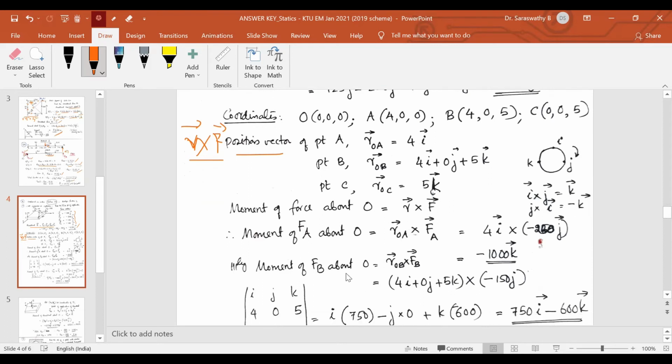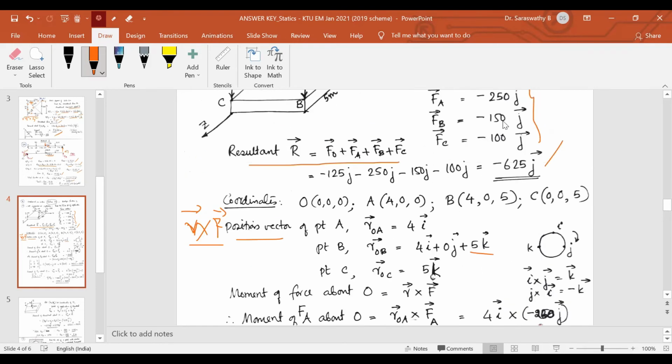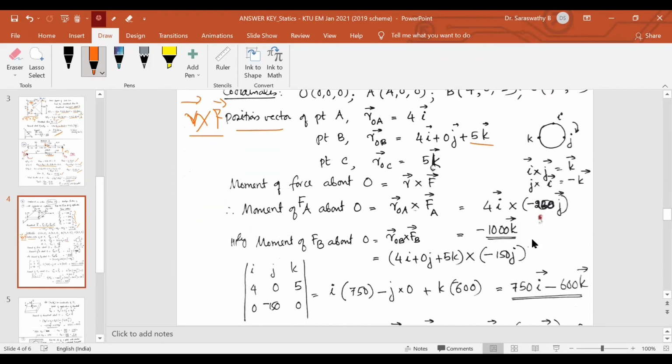Similarly, the moment of FB about O will be the position vector 4I plus 0J plus 5K cross multiplied with FB. FB is minus 150J. For the cross multiplication, we have I, J, K here. Then write down the coefficients 4, 0, 5, then 0, minus 150, 0.